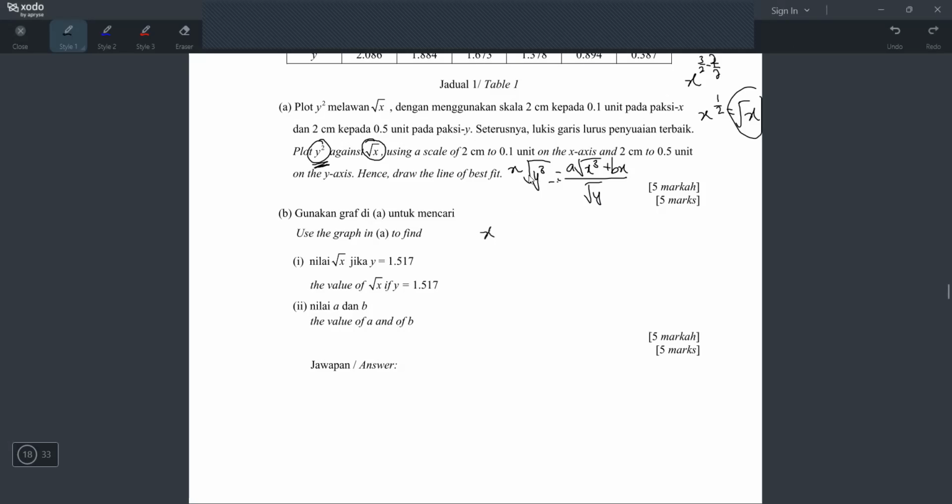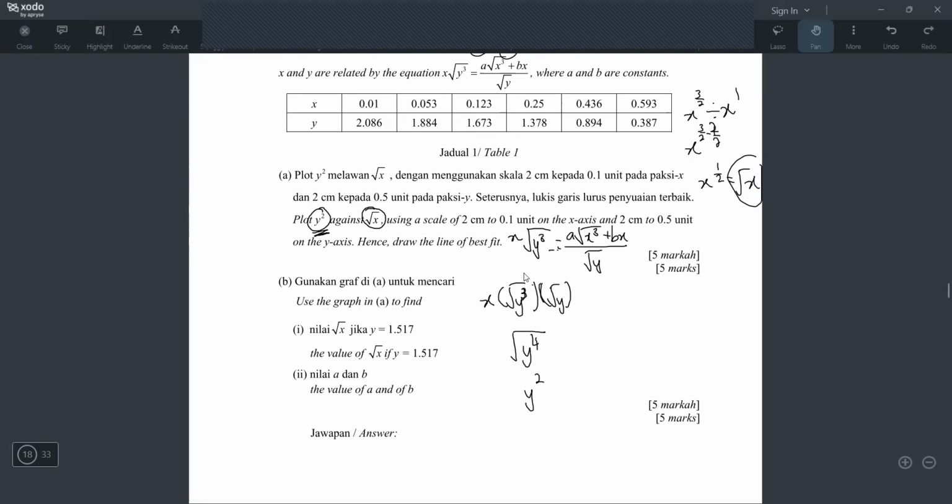So it will be square root y power 3 times square root y. Hey, wait. Square root y power 3 times square root y is actually like that, right? Which is the same as square root times square root. So it will become one singular square root and then y power 4, right? Yeah, which is y power 2.